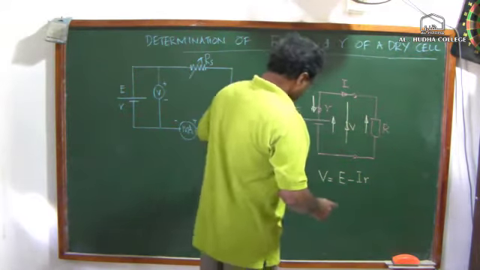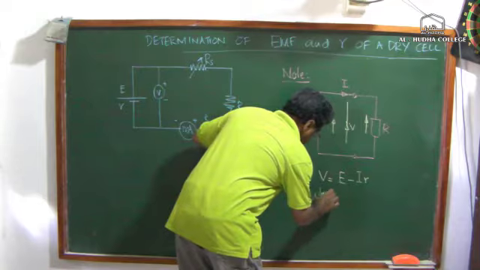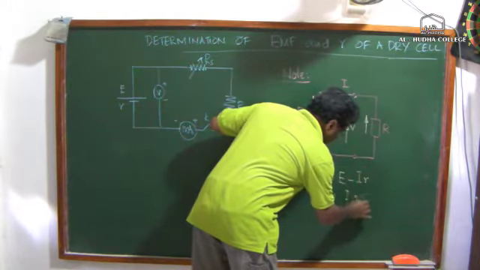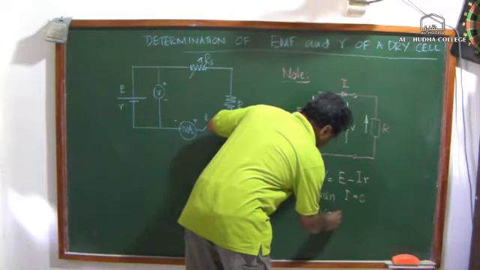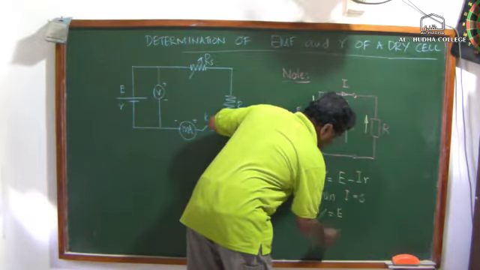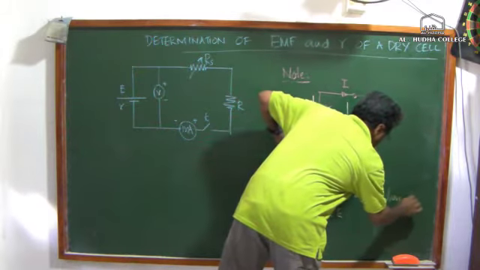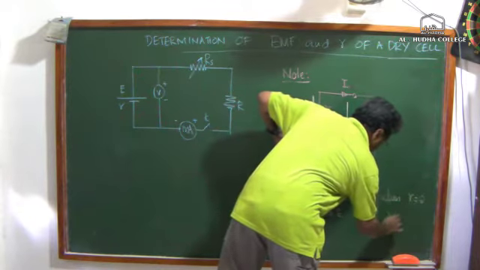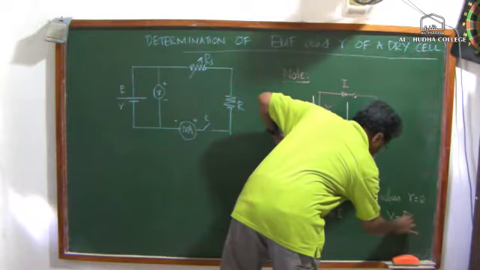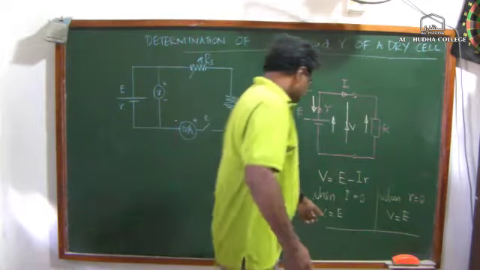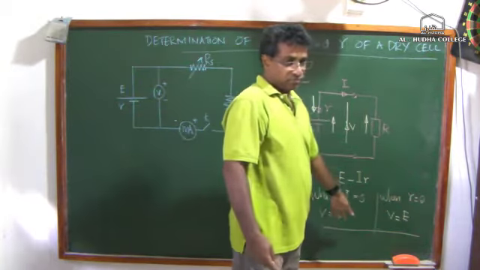Right? When current is equal to 0, V becomes E. Or when internal resistance is 0, V becomes E. So these are the two conditions where the terminal voltage becomes equal to EMF.